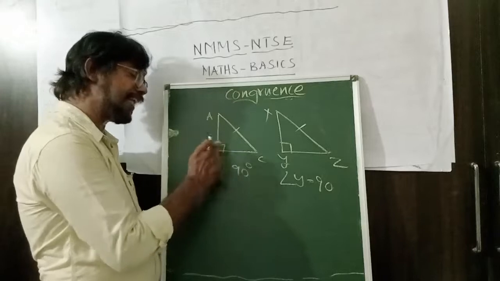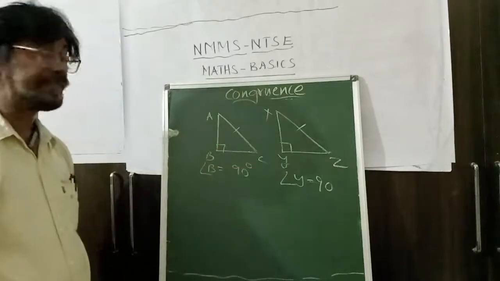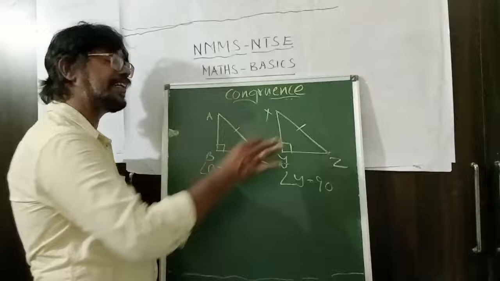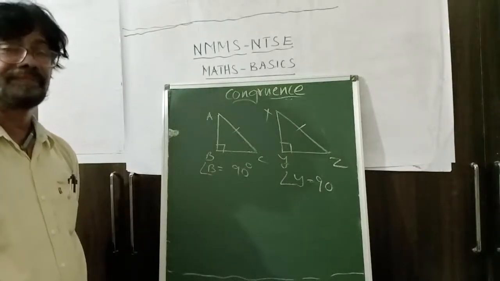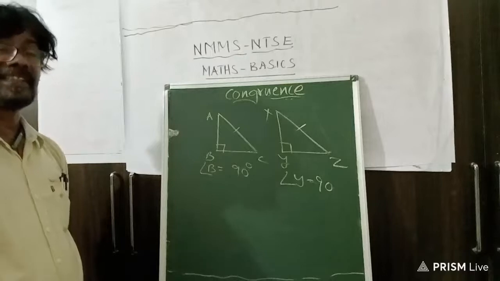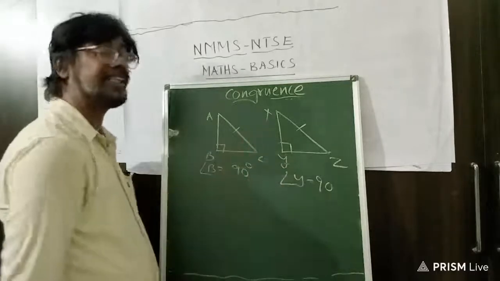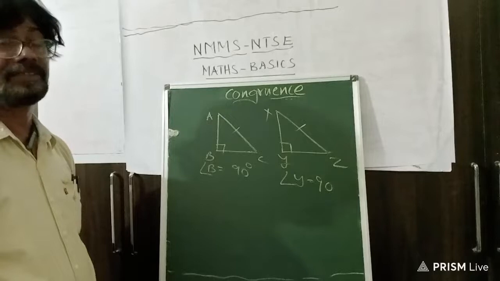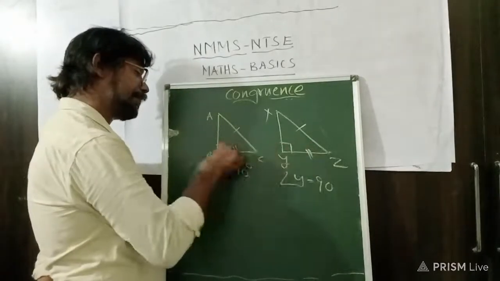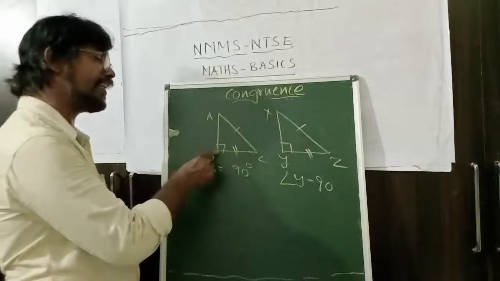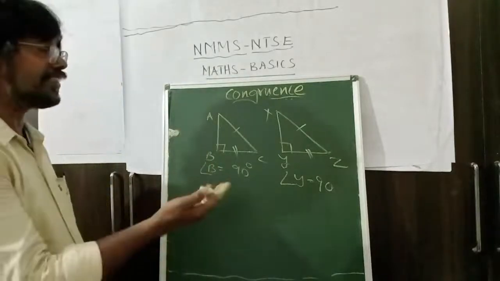So if one angle is a right angle, and the hypotenuse and one side of a triangle are equal to the hypotenuse and one side of the other triangle, then these two triangles are congruent. So this side is equal to this side and the angle is 90 degrees, then we say these two are congruent.